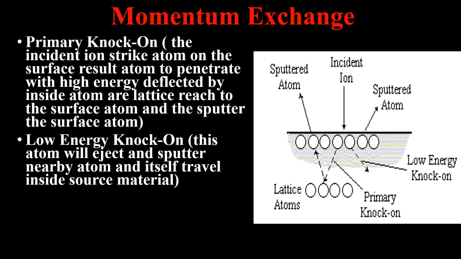The atom at the surface moves inward, however it transfers a certain amount of energy to the atom closer to this target atom, and the atom which is closer gets evaporated as sputtered material.